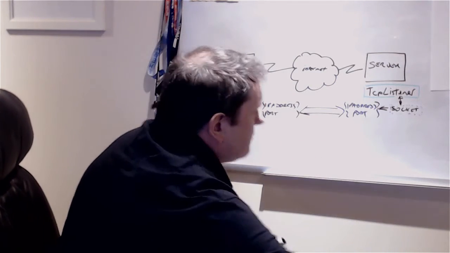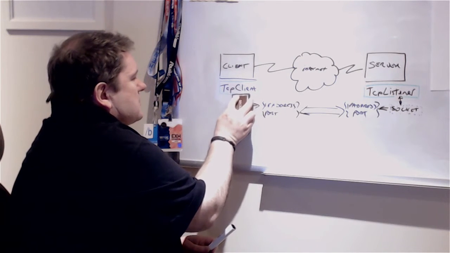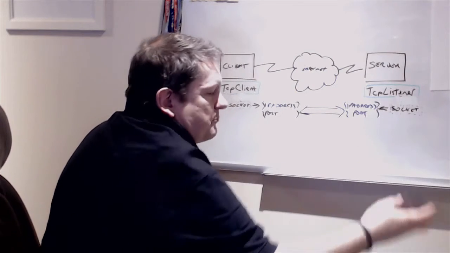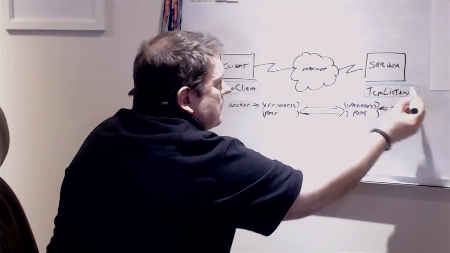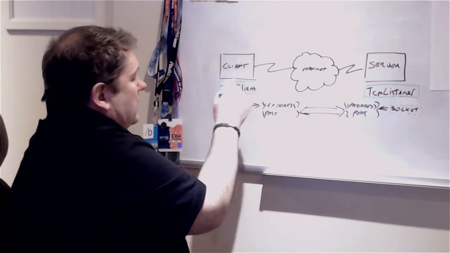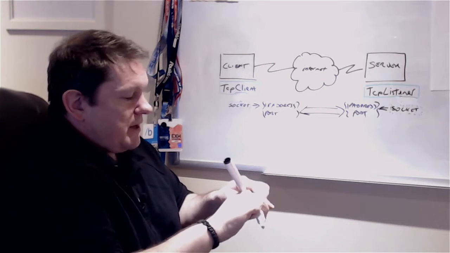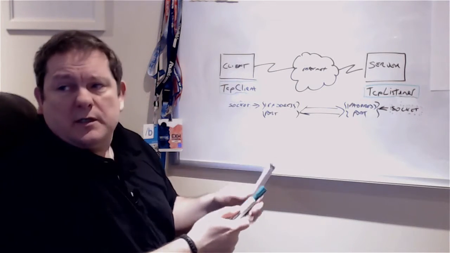In reality, though, I have this arrow that's pointing down here to the socket, but actually there's a bit that goes in between the client and the listener. So it doesn't really matter which side you're on, it goes between the two.